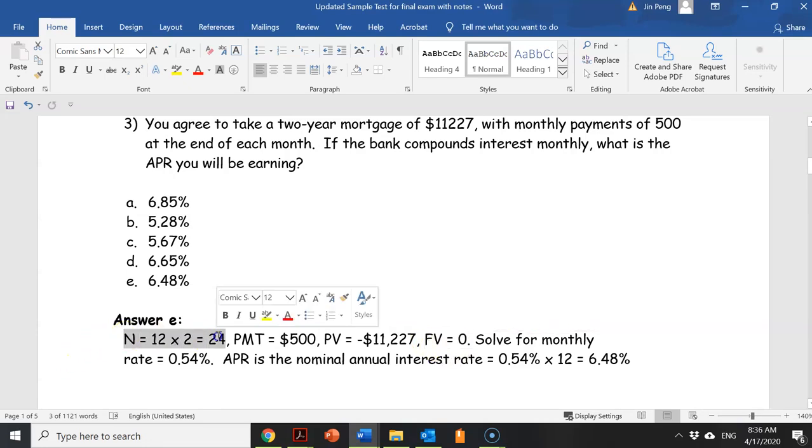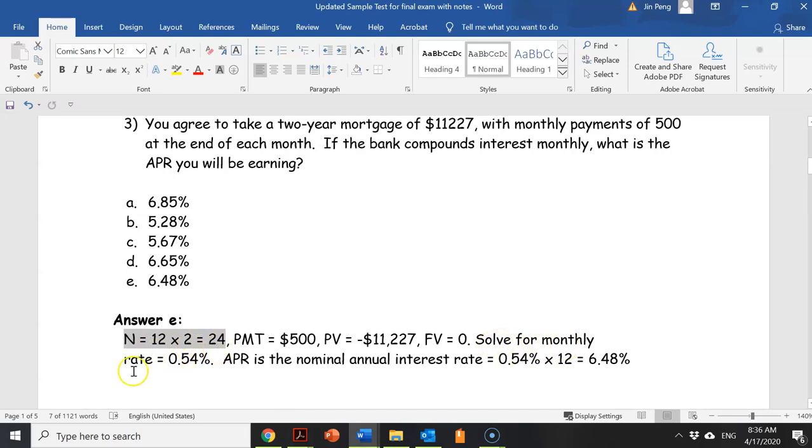And N is going to be the number of months, because the payment is a monthly payment. So it's 12 months per year multiplied by 2 years, so we have 24 months in total.